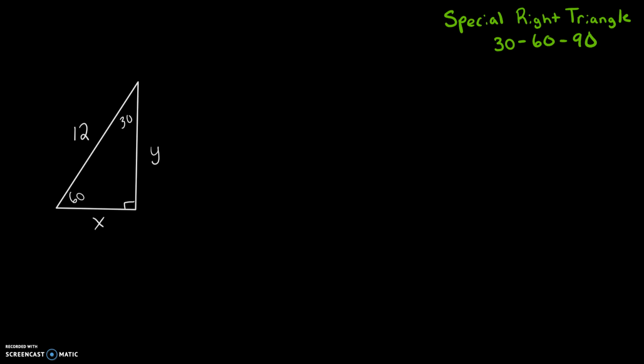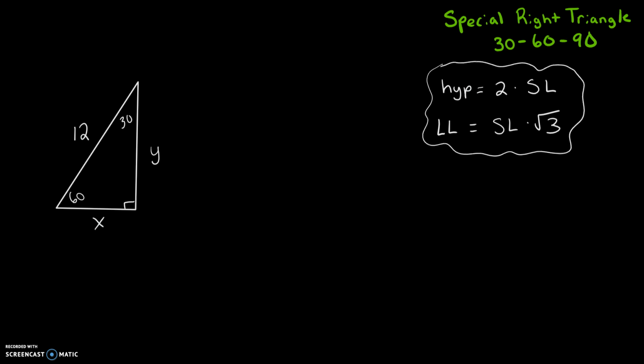And those formulas are that the hypotenuse is equal to 2 times the short leg. And the other is that the long leg is equal to the short leg times the square root of 3. And so, with just these 2 formulas, we'll be able to solve all of the problems. Just remember these 2, and you'll be able to solve any problem like this.